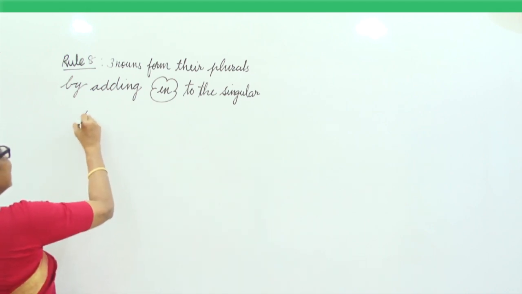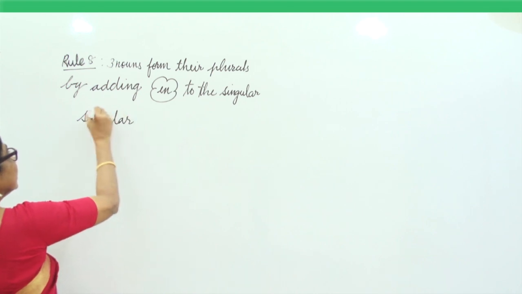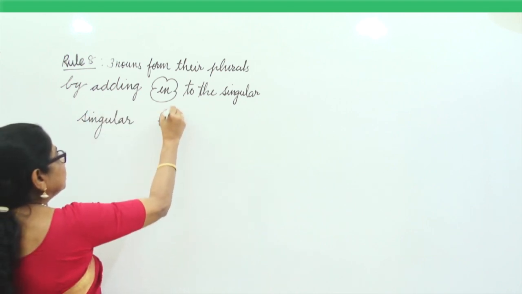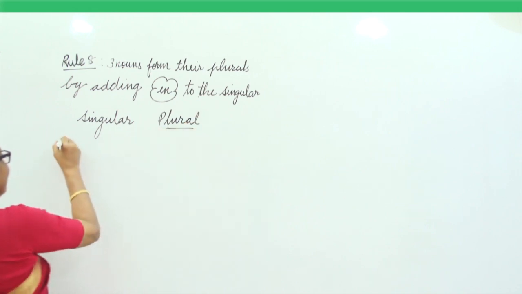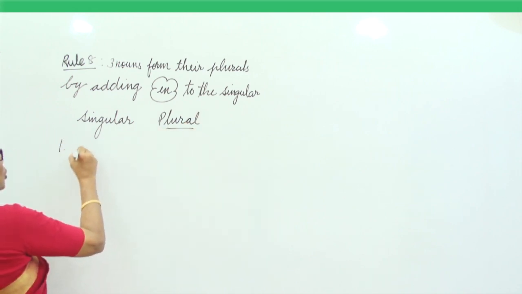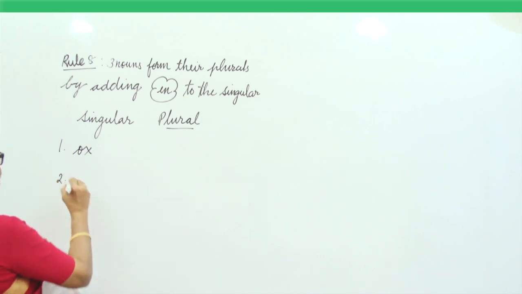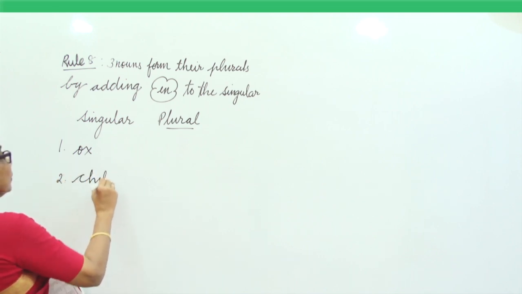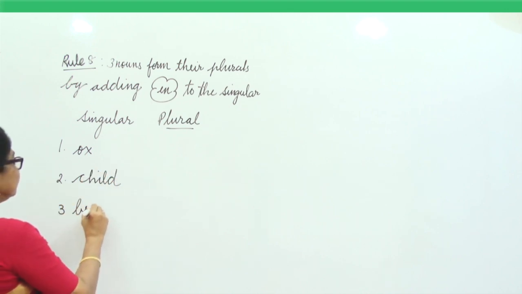Now, singular, plural. One, you have ox. Two, you have child. And third, you have brother.